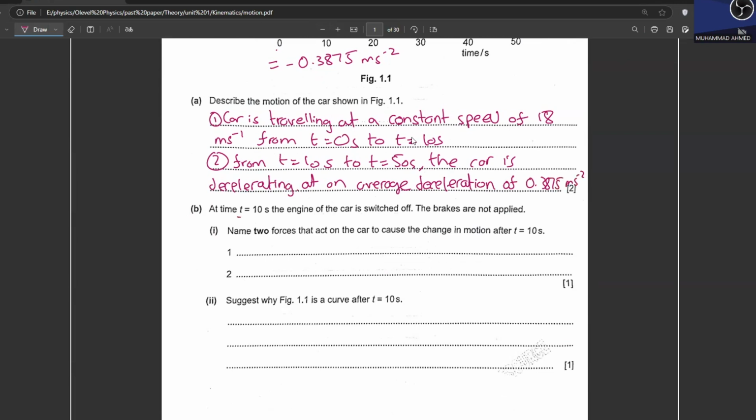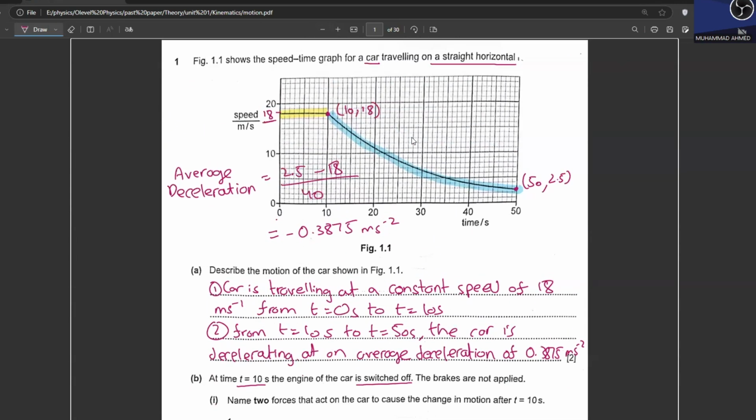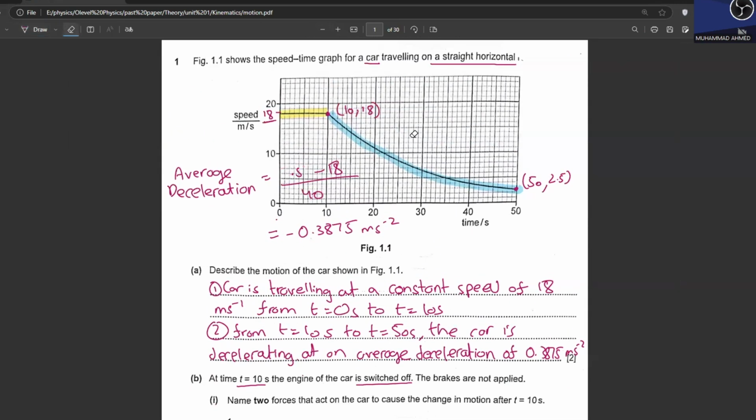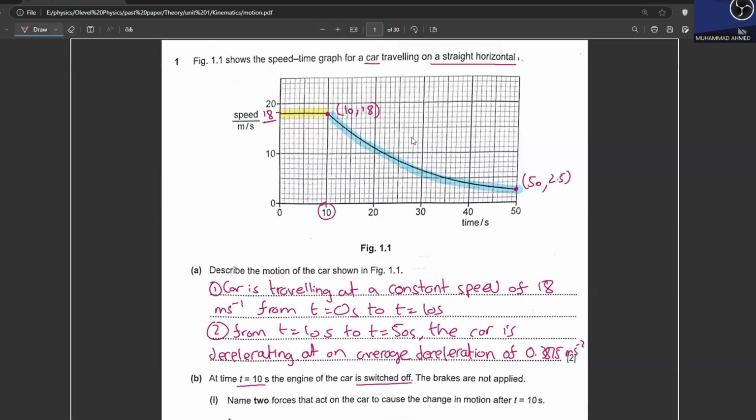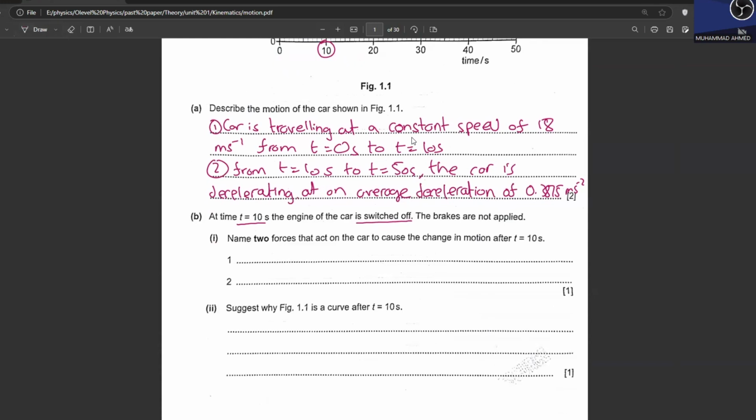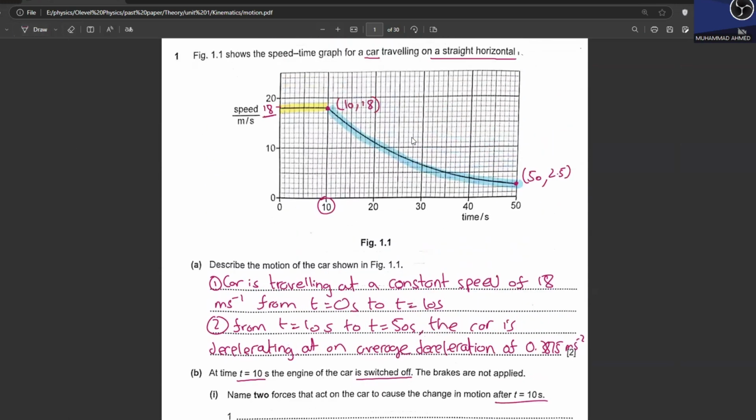At time t = 10 seconds, the engine of the car is switched off. Okay. At time t = 10 seconds, let me erase some of the things from here. The engine is switched off somewhere here. Name two forces that act on the car to cause the change in motion after 10 seconds. Why is the car basically decelerating after 10 seconds?